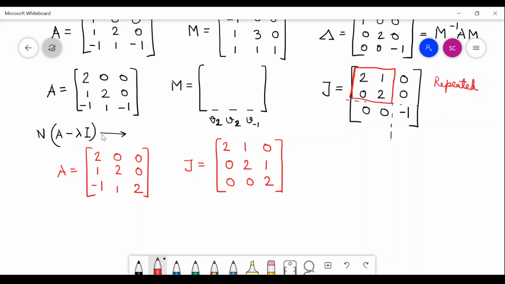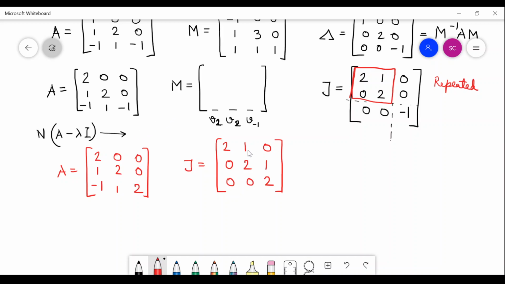Of course you will get the same vector, but there is every possibility that the null space of A minus 2I has a dimension of 2. When I was discussing this, I very tactfully considered that the null space of A minus 2I has a dimension of 1.